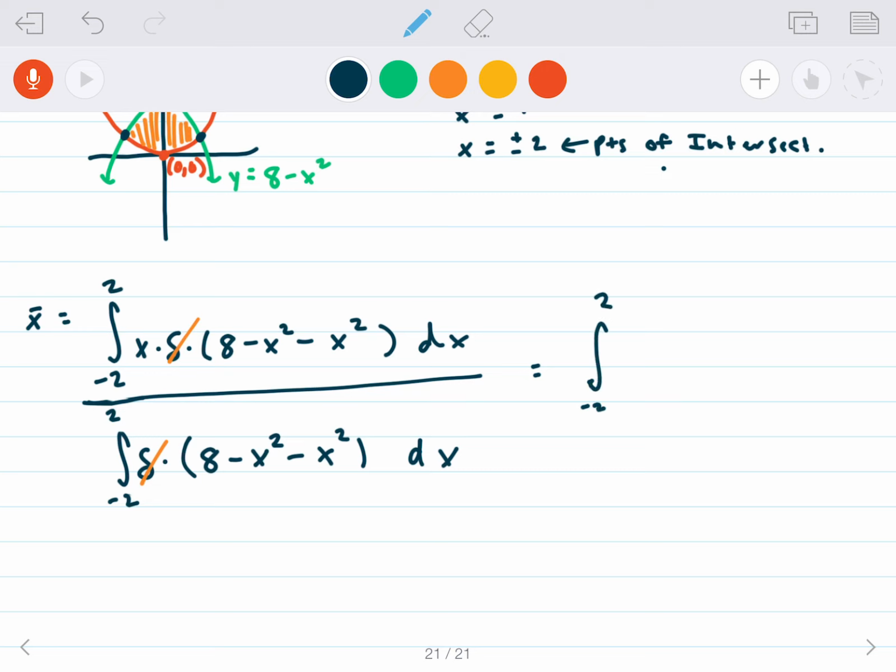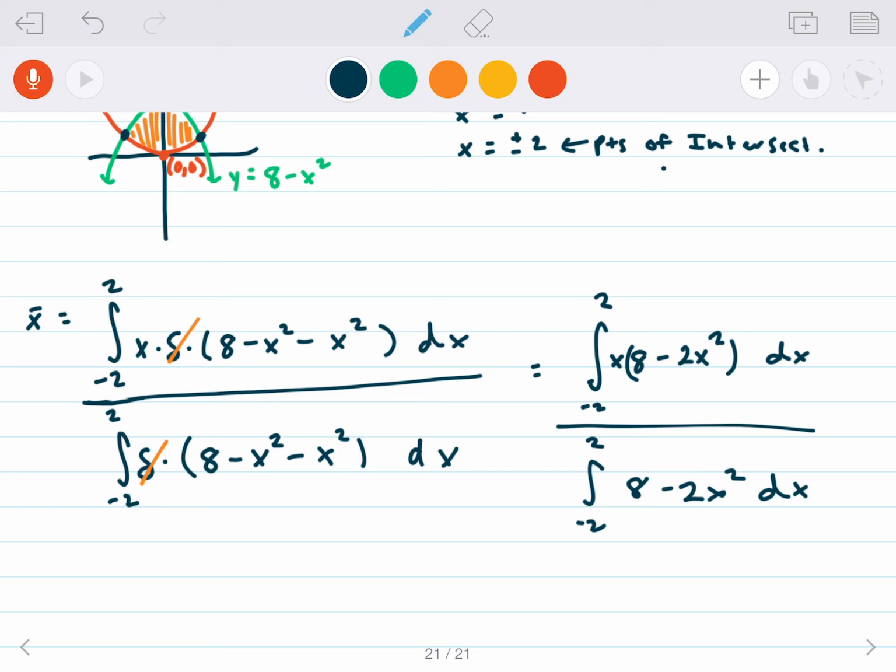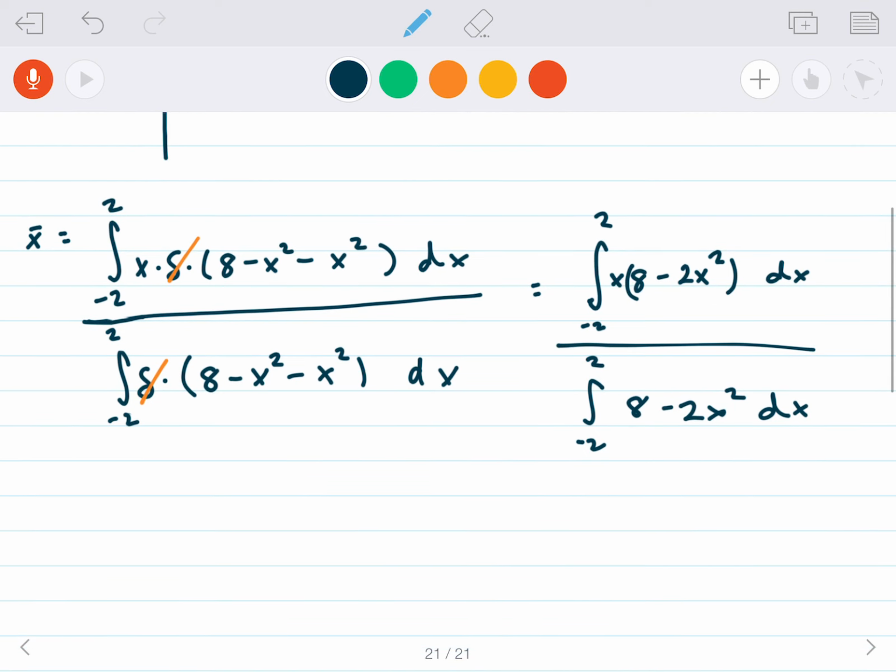On the top, I have 8 minus 2x squared times x dx. And on the bottom, I'm just left with 8 minus 2x squared dx. Let's go ahead and figure this out. On top, if I distribute that x in, I get 8x minus 2x to the third.